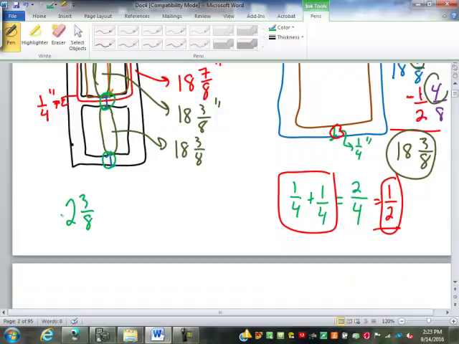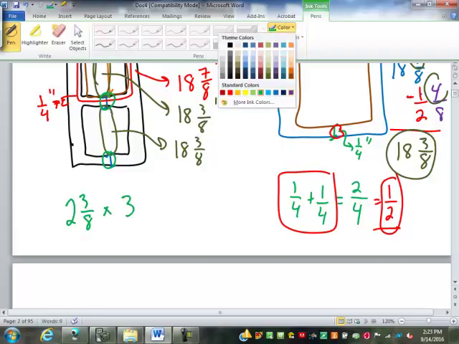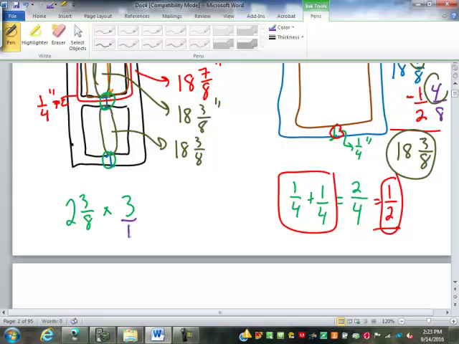I could take 2 3/8 plus 2 3/8 plus 2 3/8. I'm going to speed it up by multiplying by 3 instead of adding it 3 times. So that'll become 3/1. When I multiply, do I need a common denominator? No, I don't.